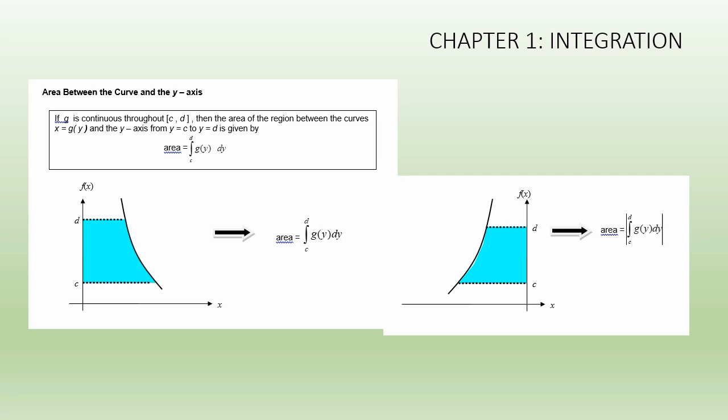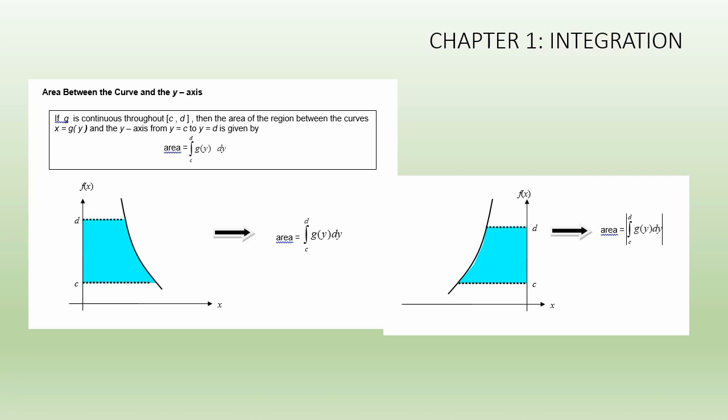Next, let's discuss the area between the curve and the y-axis. If a function g is continuous throughout the interval c to d, then the area of the region between the curve x equals g in terms of y and the y-axis, from y equals c to y equals d, is given by the integration from c to d of the function g(y) with respect to dy.